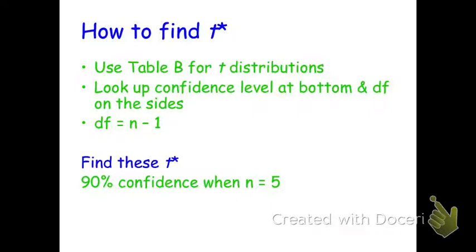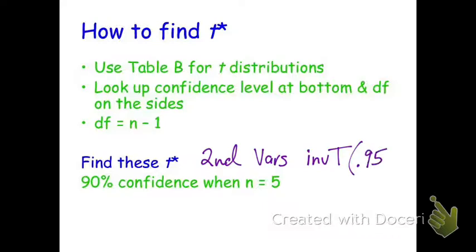Second vars, inverse T. That's new. You're going to put in the area, which is halfway to 100, so 0.95, and then your degrees of freedom. It's n minus 1, so 5 minus 1 is 4.